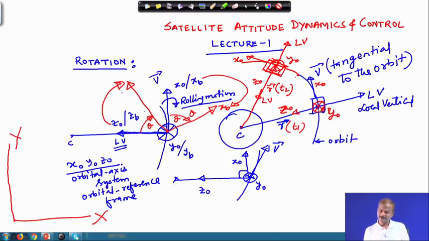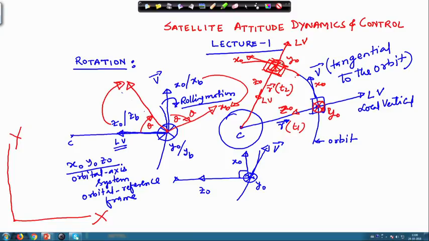So, the orbital system is also rotating, and with respect to the orbital system, the body will also be rotating. So there can be an issue: either we want to show the satellite orientation in the inertial frame, or with respect to the orbital reference frame.